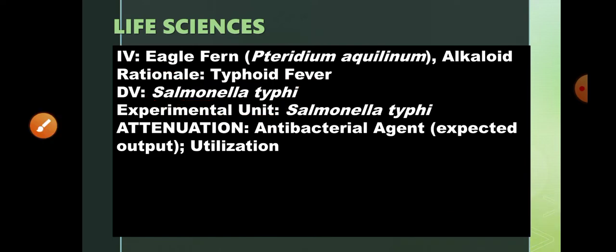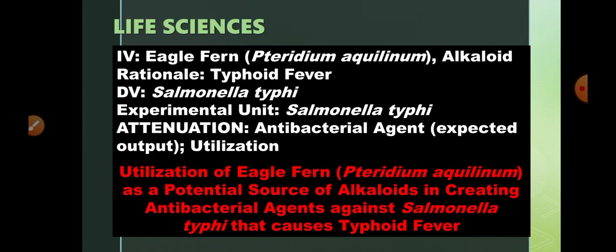And with this information, class, we can now formulate our title, which is Utilization of Eagle Fern, Pteridium aquilinum as a potential source of alkaloids in creating antibacterial agents against Salmonella typhi that causes typhoid fever. Okay, so we can infer that we can formulate our research title out of our research problem.